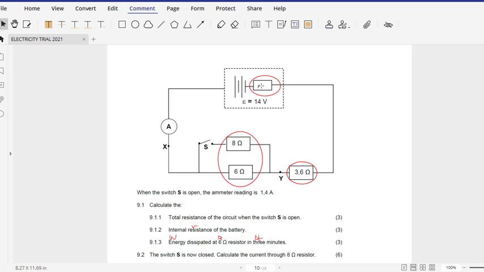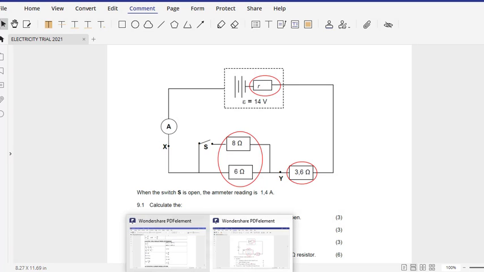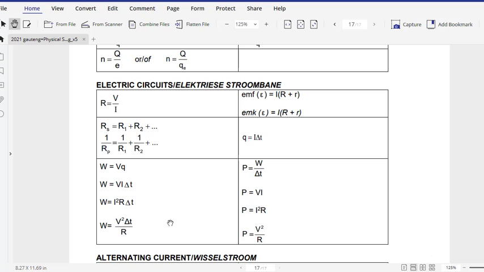So what we have to do is resort to the second approach, which is the use of Ohm's law. We say that the resistance, that is R, is equal to the total voltage over the total current of the circuit.